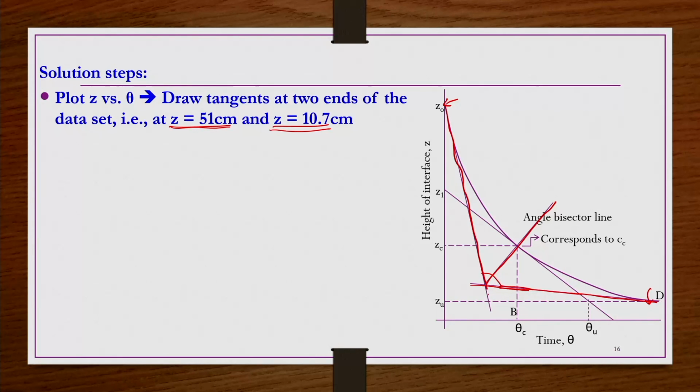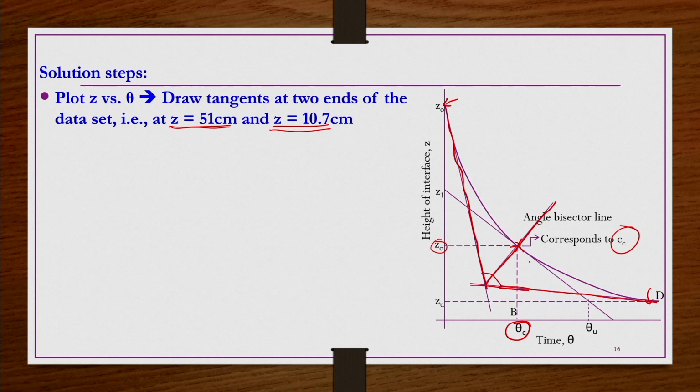This angle bisector line intercepts the curve at a certain point, which corresponds to the critical concentration or critical point, and the time is known as the critical time. The corresponding interface height is Zc.